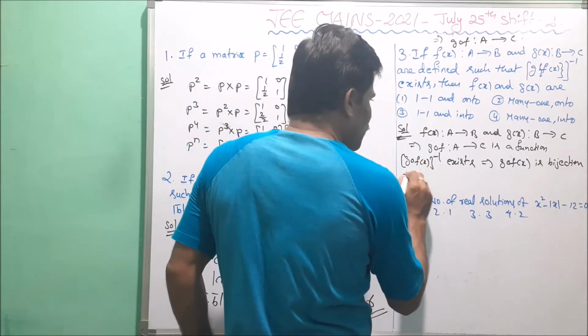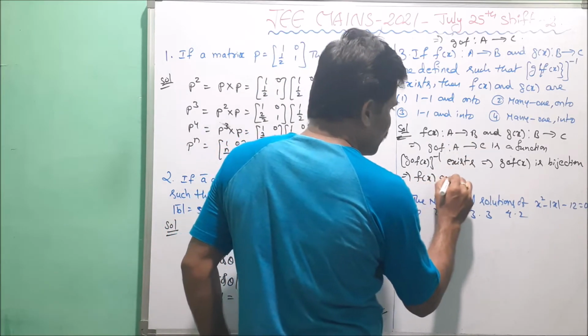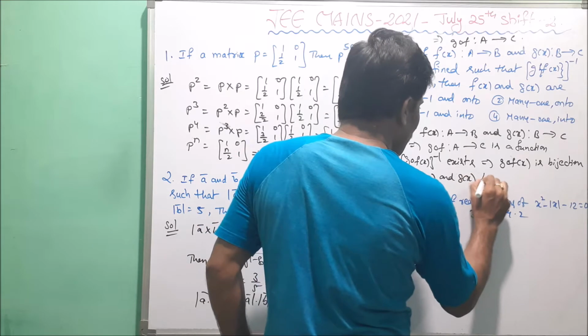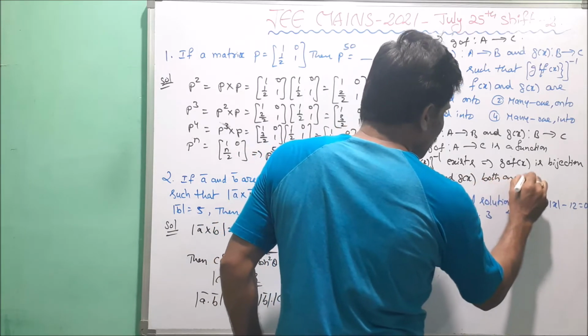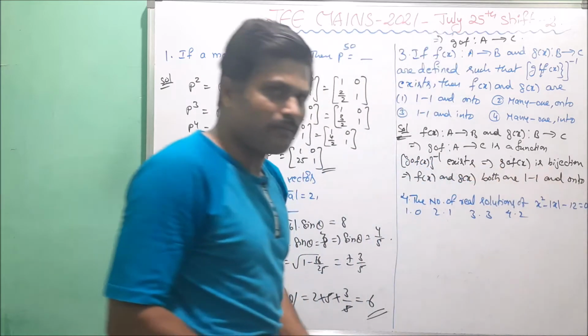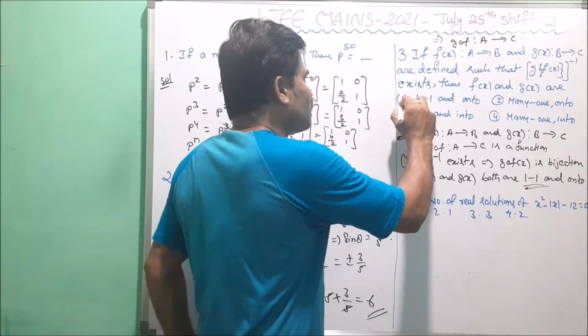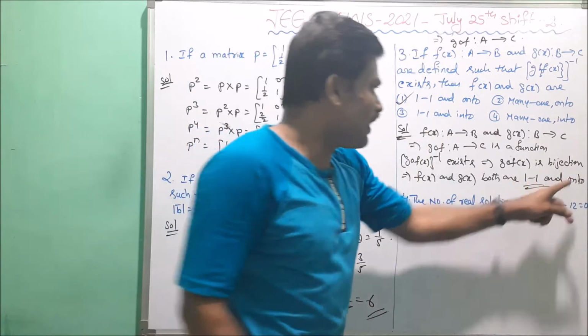That means in the composite function the individual functions f(x) and g(x) are both one-one and onto, that is, individual functions are bijections. So this is our answer: the first option, both one-one and onto, is correct.